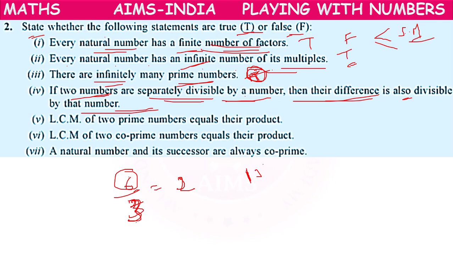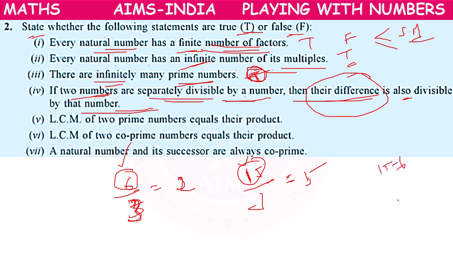In the same way, 15 is divisible by 3: 3 times 5 is 15. Now, their difference: one number is 6, another is 15. The difference 15 minus 6 is 9. This 9 is also divisible by 3: 3 times 3 is 9. True.